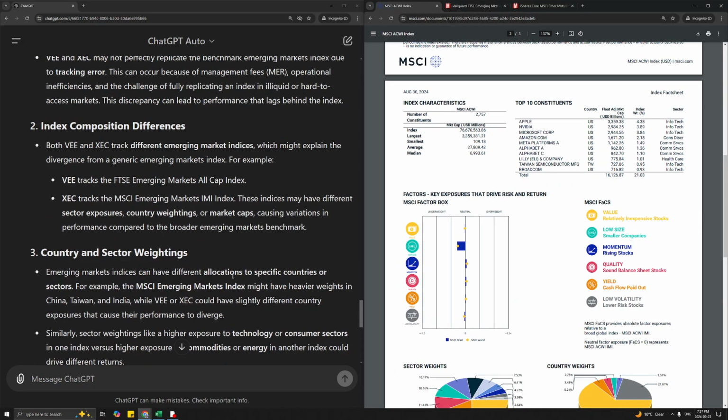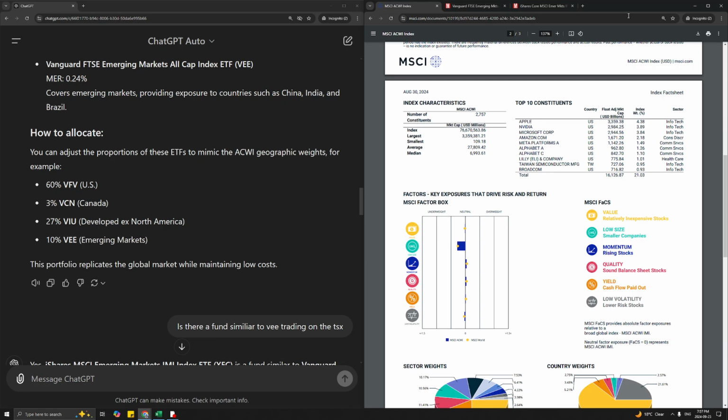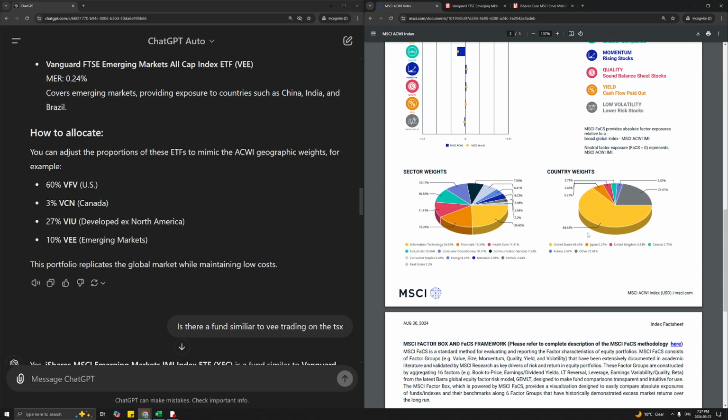All right. I'm going to do VE and I'm probably going to start with these weights. So let's validate those weights. For 60% in the US, we can maybe up that by 4 or 5%. Canada makes sense, 3%. For developed excluding North America: in North America there are basically 3 countries, Canada, US, and Mexico.